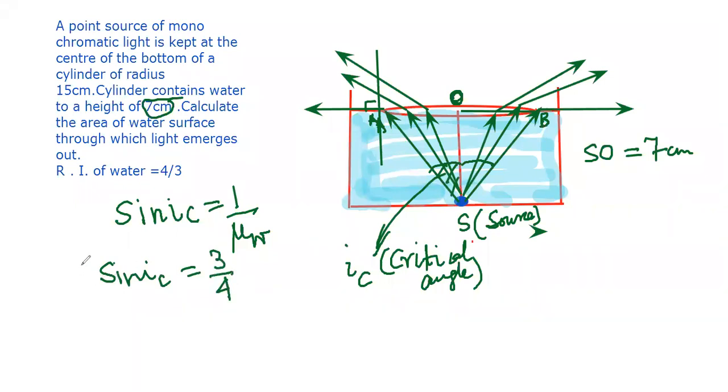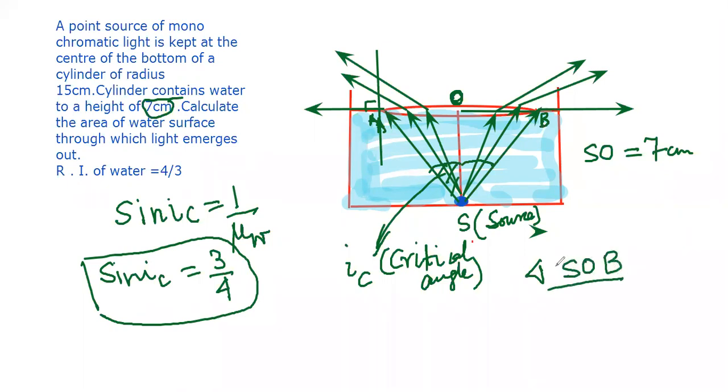Now if I look into this triangle SOB, this angle is IC.